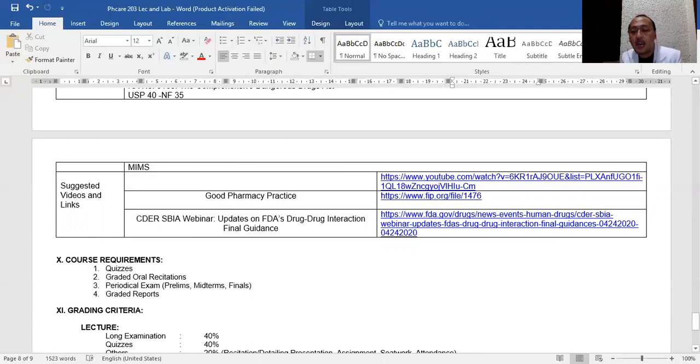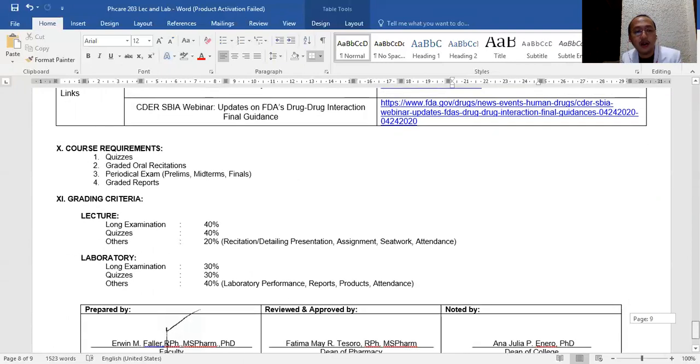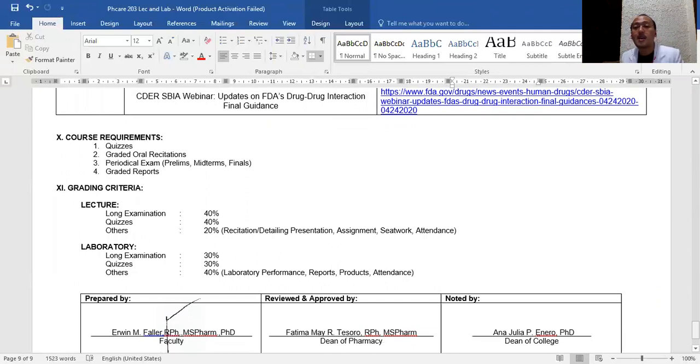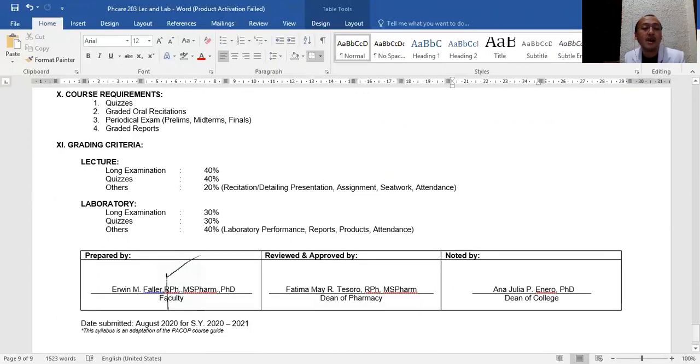And also there are some course requirements that we have like the quizzes, summative examination, summative assessment, the graded oral recitations, the periodical exam, midterm and finals, the graded reports. These are the criteria that we usually have. The long examination is 40%. Quizzes will be 40%.